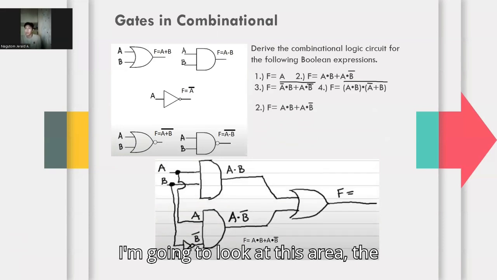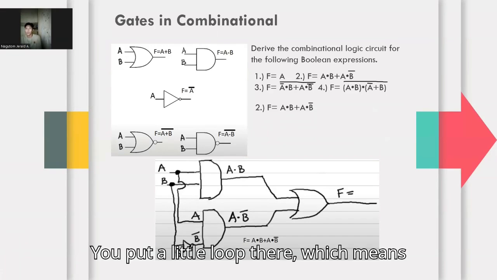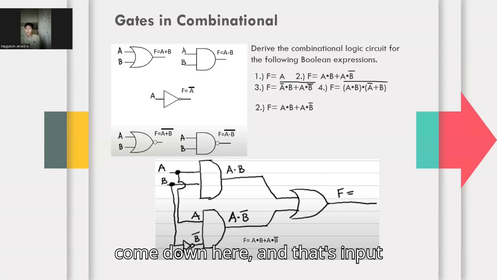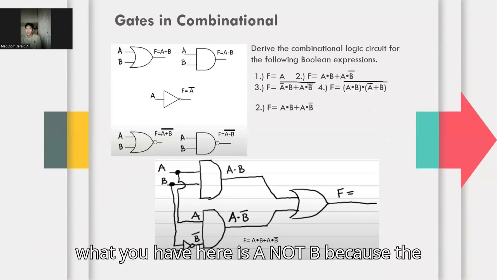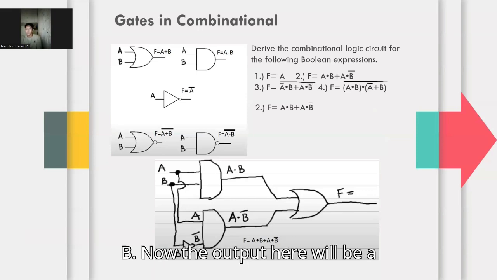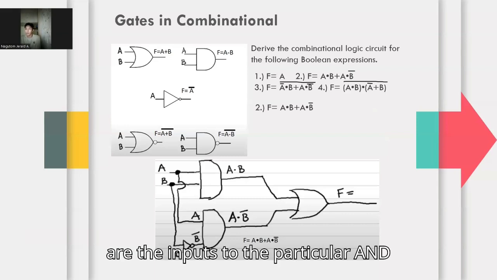So I'm going to look at this area of the overall Boolean expression, which is A and B. We put a little loop there, which means this is connected to the B input, and you come down here and that's the input. What you have here is A and not B, because the output of the NOT gate would be not B, and the A and the not B are the inputs to the particular AND gate.